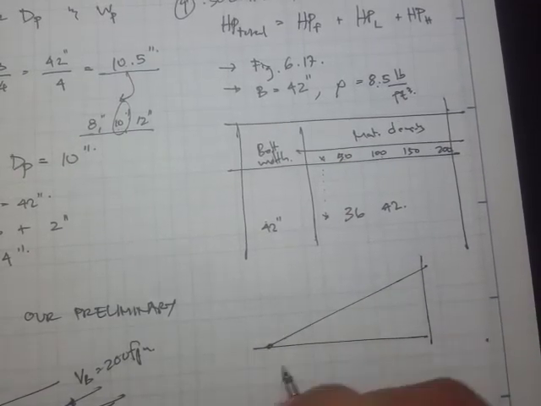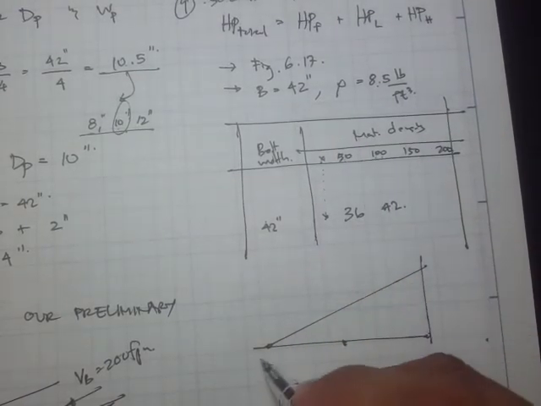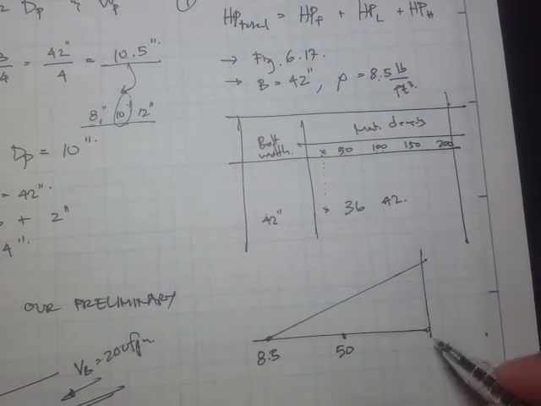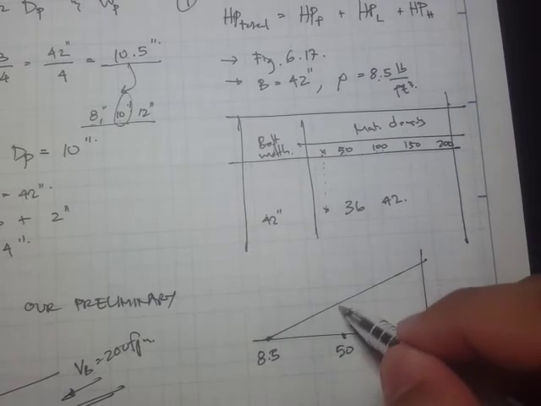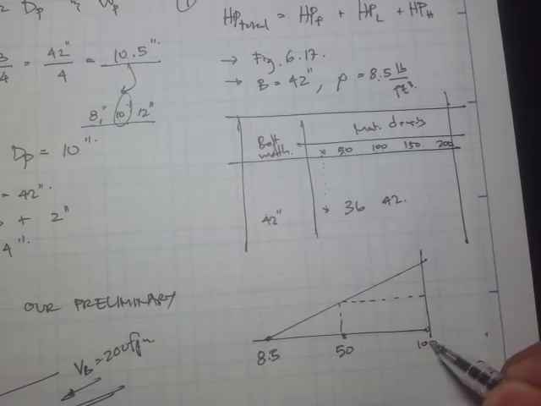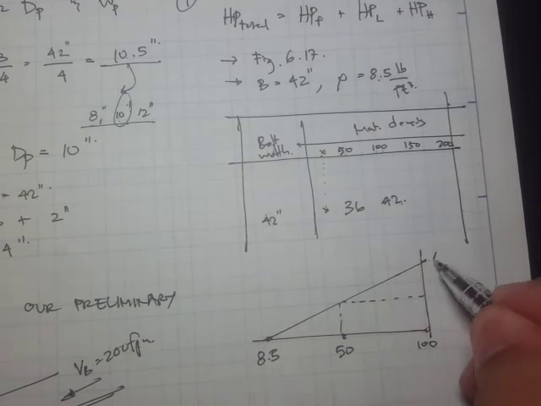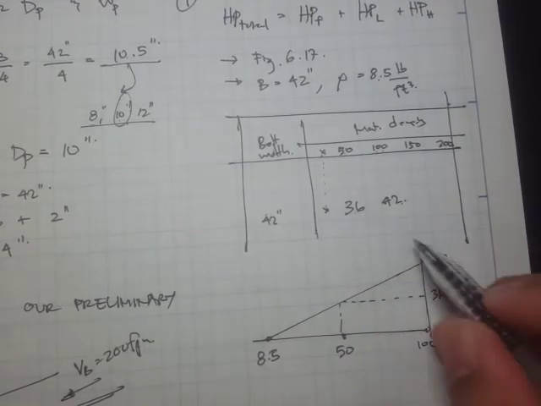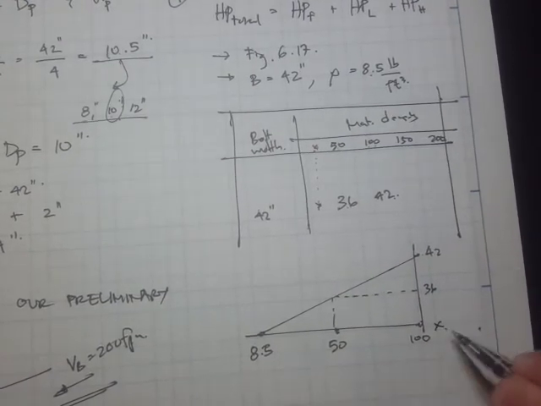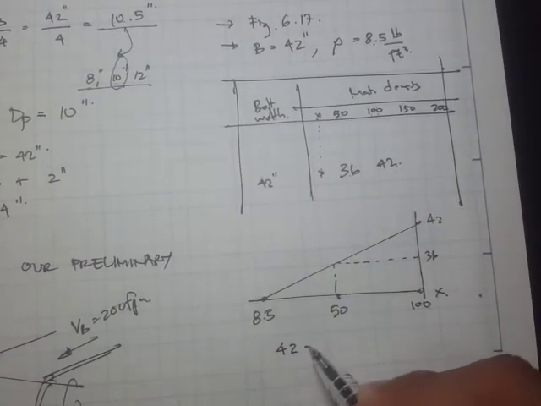Let's say in our x-axis we have the 3 points: 8.5, 50, and 100. And of course, what would be the value here? For 100, our value is 42. Then this one is 36. Then this one is our unknown. This is actually what we are solving. By similar triangles, you can solve for the value of x.